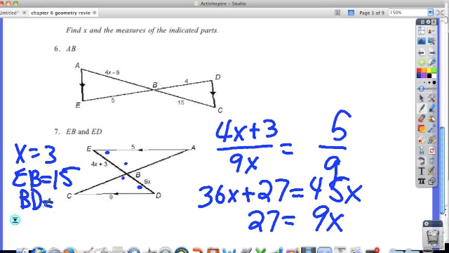Guys, I thought I heard somebody say 42. So am I off again, or should it be 27? Oh, ED, because I can't read. So BD would have been 27. So when I add 15 and 27, I get 42.